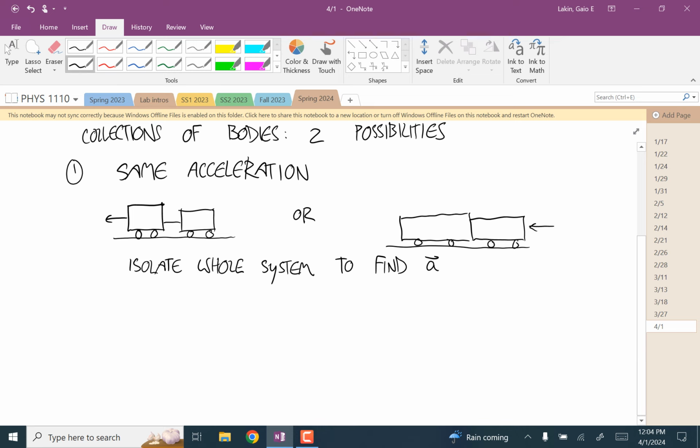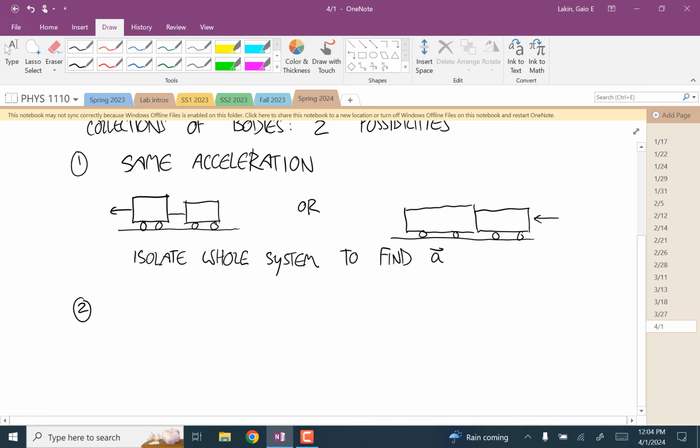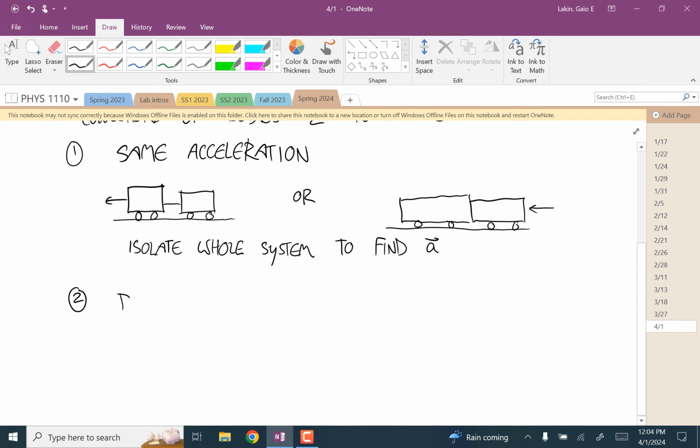The other possibility is that you have collections of bodies that have different accelerations. And to do this, you always have to involve pulleys. So that's kind of a giveaway.